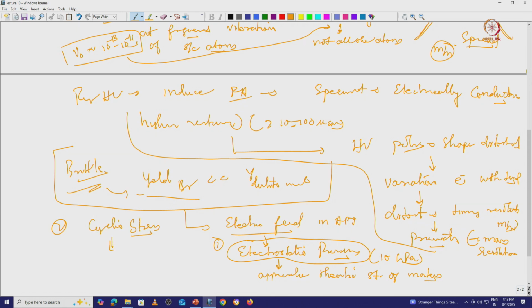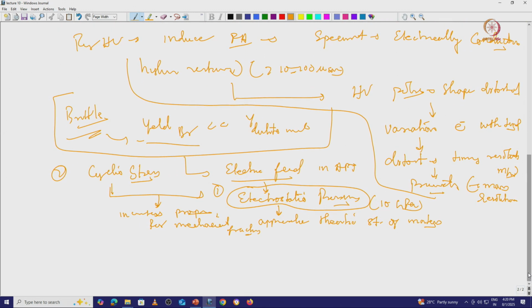These two factors usually increase the propensity for mechanical fracture of the specimen.